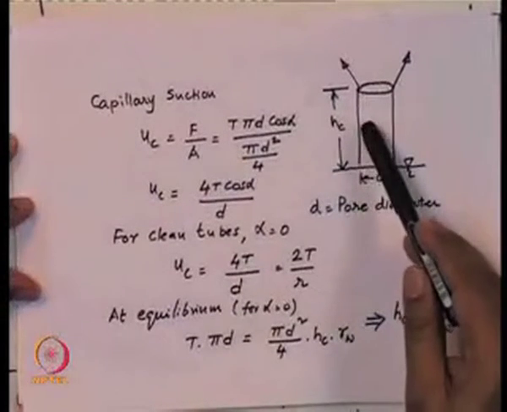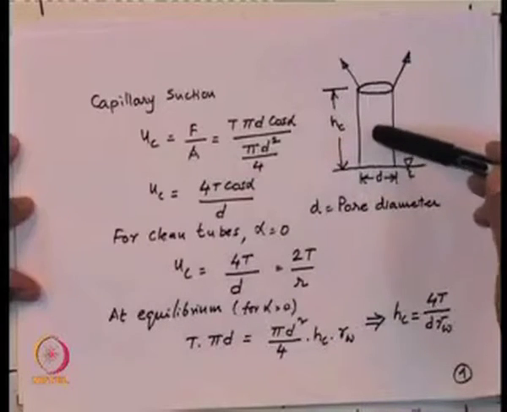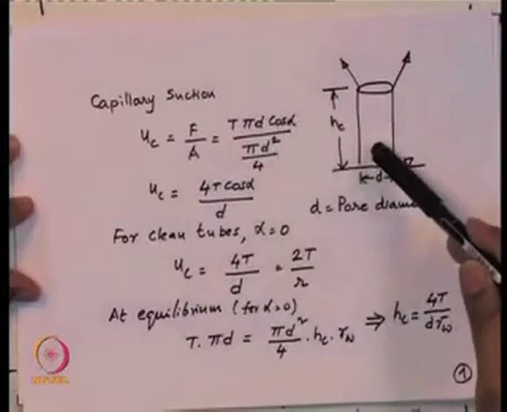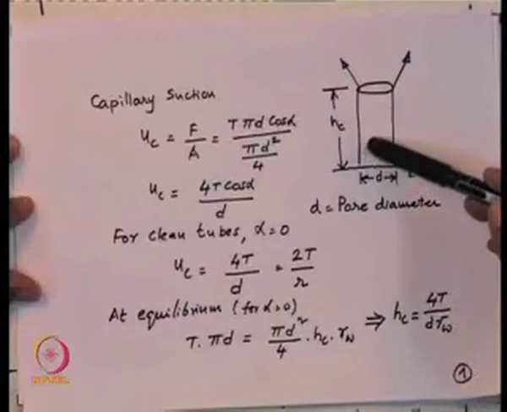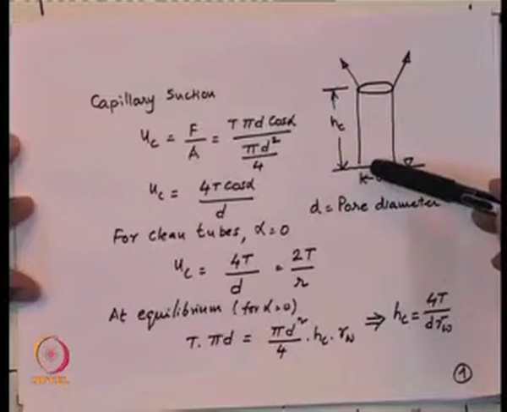See here the capillary suction, which is nothing but the suction force with which the water is pulled against gravity. So here uc is nothing but the force, which is the surface tension force, divided by the area, which is the pore area.